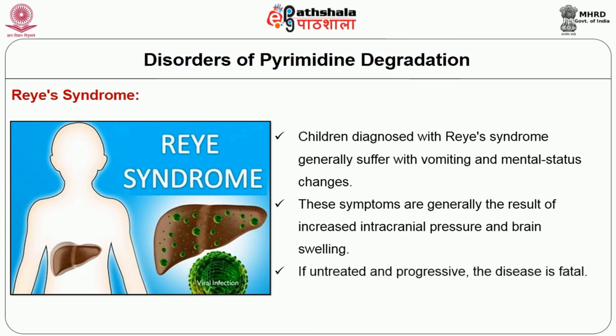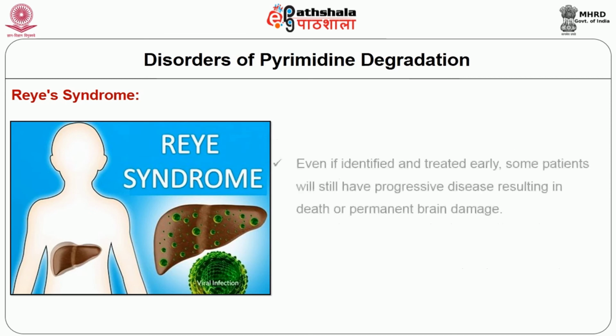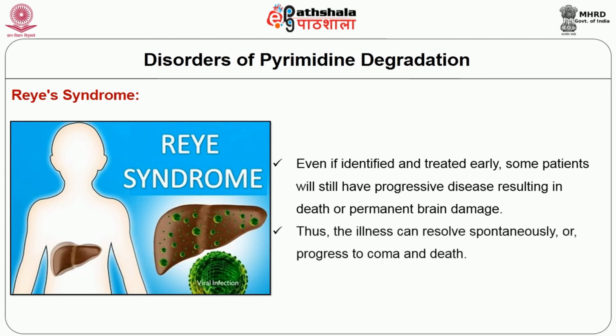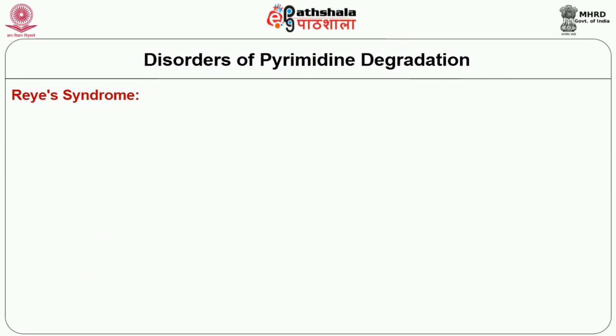If untreated and progressive, the disease can be fatal. Even if identified and treated early, some patients will still have progressive disease resulting in death or permanent brain damage. Thus, the illness can resolve spontaneously or progress to coma and death.